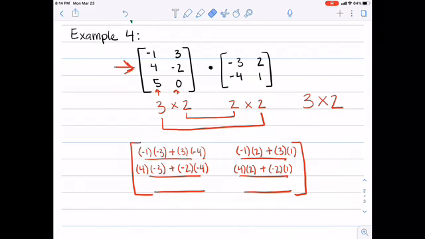Now I'm ready to move on to my third row. So for my third row, I will multiply by the first column. I'll have 5 times negative 3 plus 0 times negative 4.